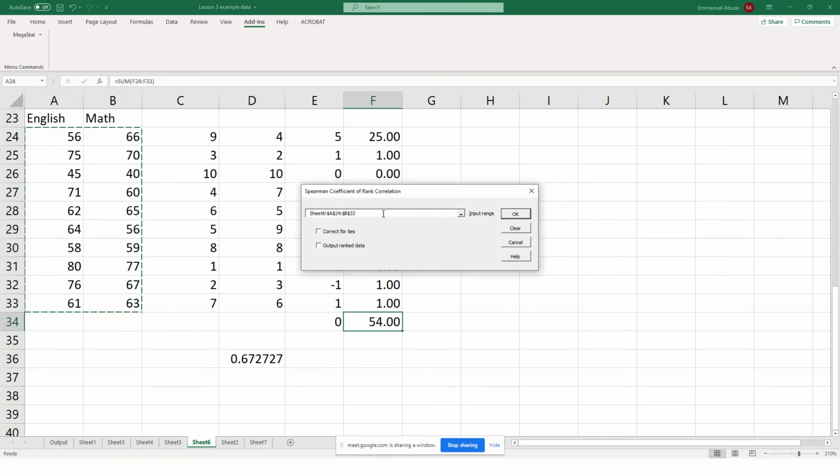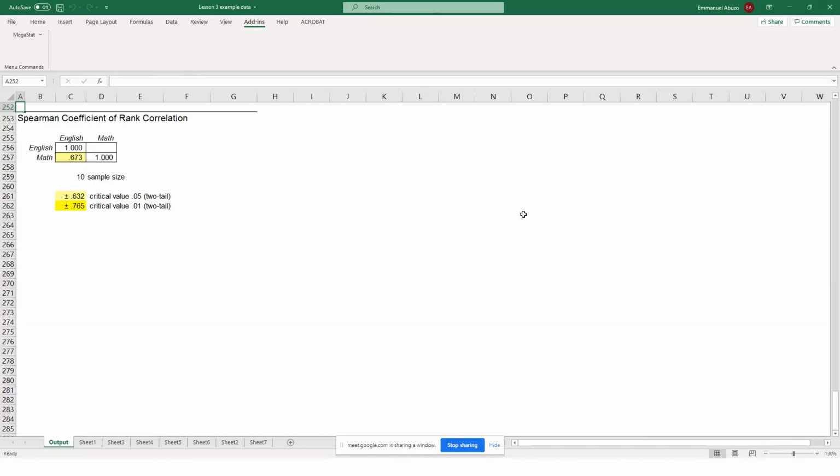In this case, we are not going to check correct for ties because, as we can see, there are no ties in the ranks. Click OK. So here we have 0.673, or 0.67. The cell is highlighted, it means that the p-value is less than 0.05. So in other words, we're going to reject the null hypothesis.